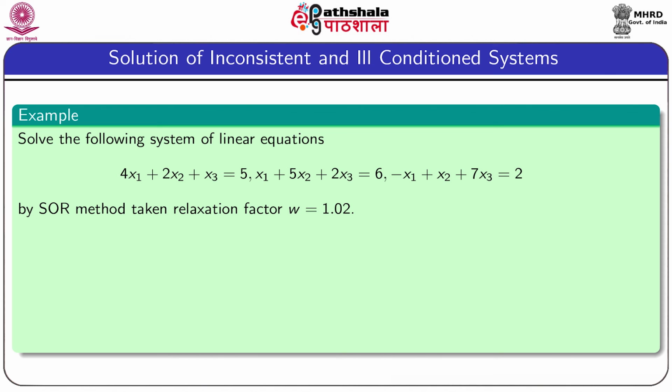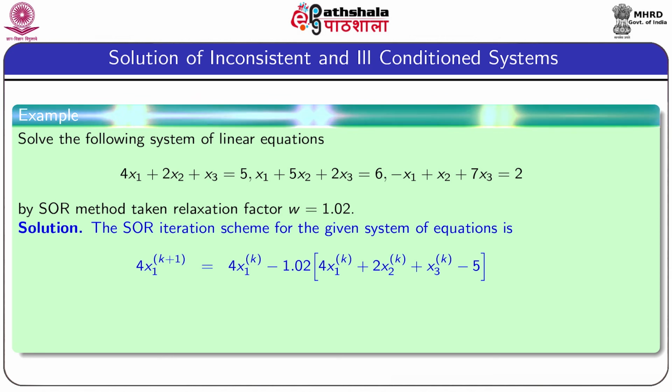Now we consider a system of equations. Obviously it is an ill conditioned system of equations to solve by successive over relaxation method by taking relaxation factor w equal to 1.02.